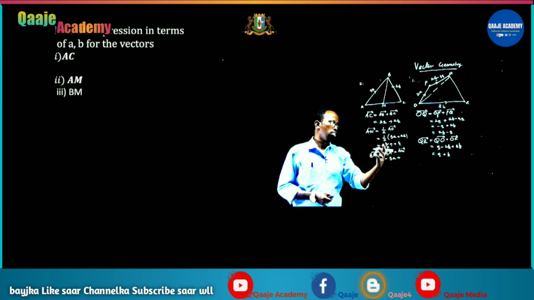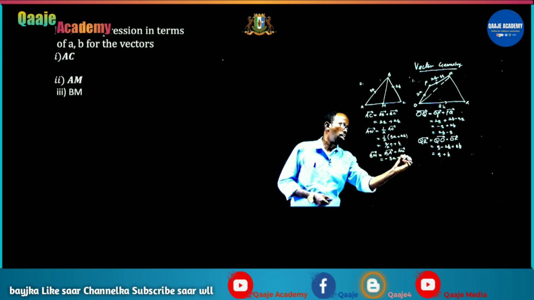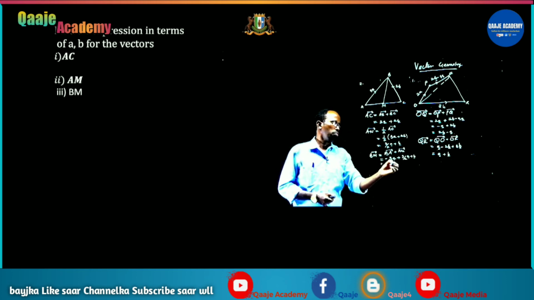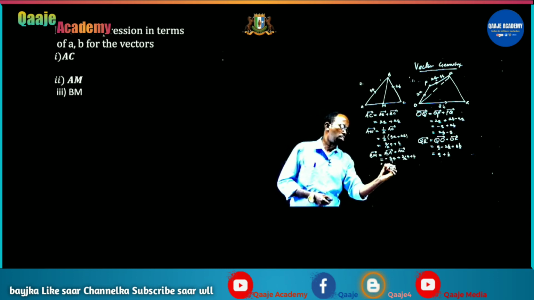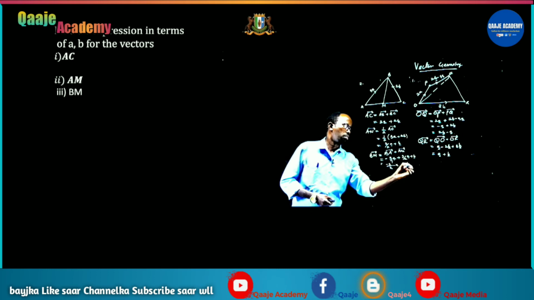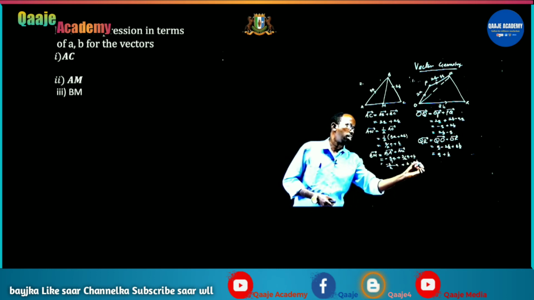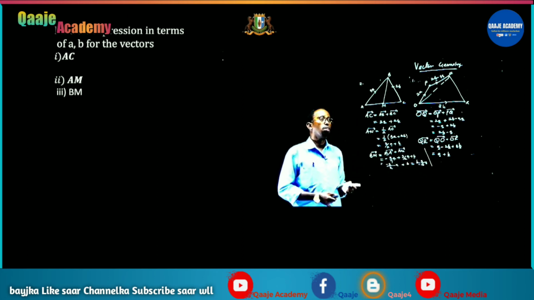We know AM is this one, 3 over 2A plus B. So you look for the LCM of these two, you get 2. That will be minus 6, minus 6 plus 3 is minus 3, and then plus B. So the final answer will be B minus 3 over 2A.